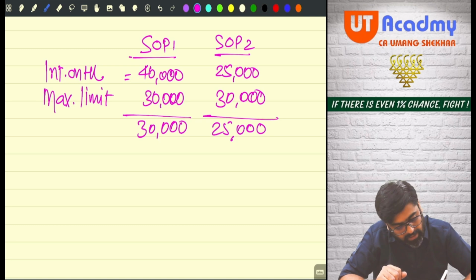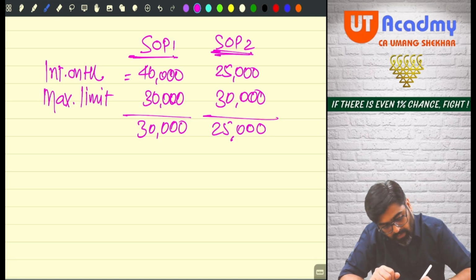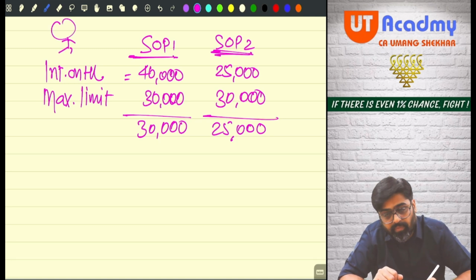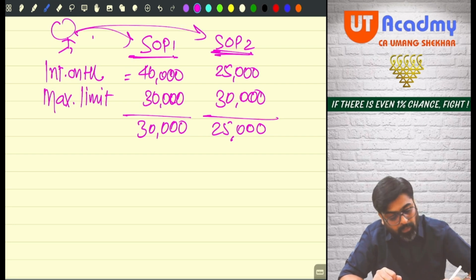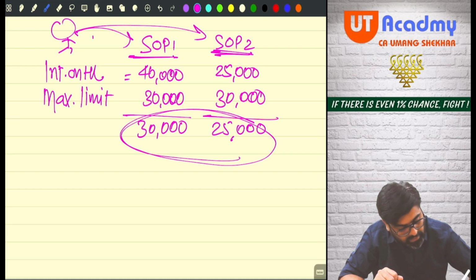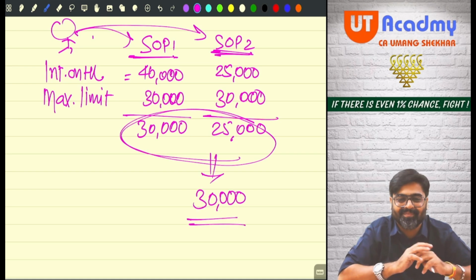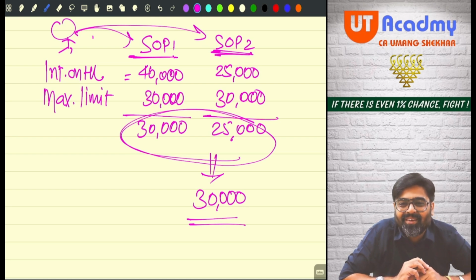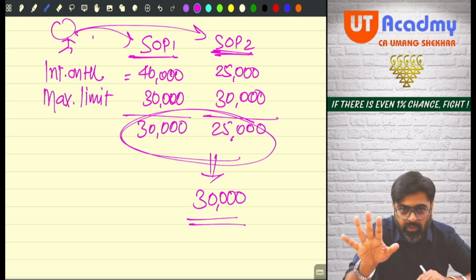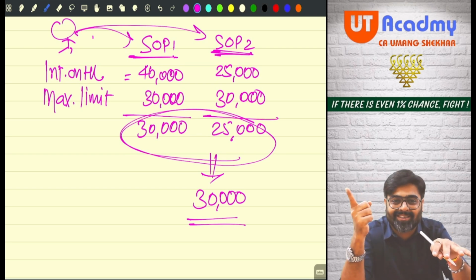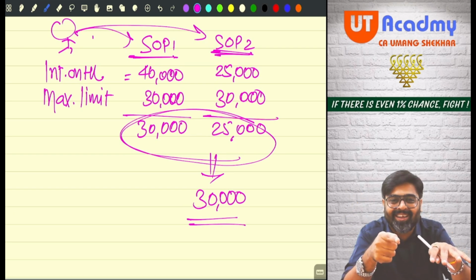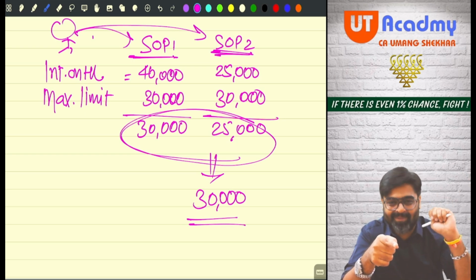Now tell me, for SOP 1 and SOP 2, assessee is one only, no? For his one SOP as well as both the SOPs taken together, total interest cannot be more than 30. So either you are claiming for your one SOP or for both the SOPs together, your total interest deduction cannot be more than 30,000 or 2 lakh as the case may be.